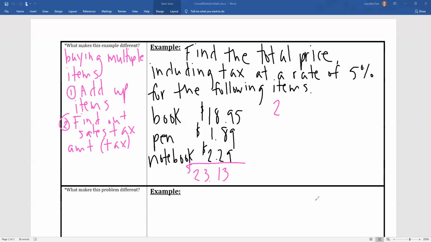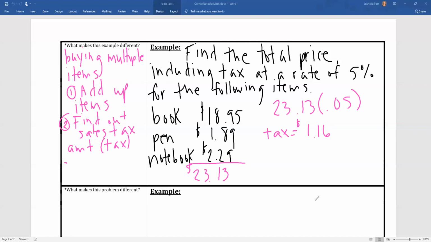So I'm going to take 23.13 and multiply it by 0.05. So my tax is going to equal, and we always round to the nearest hundredth when we're dealing with money. So there's my tax amount.